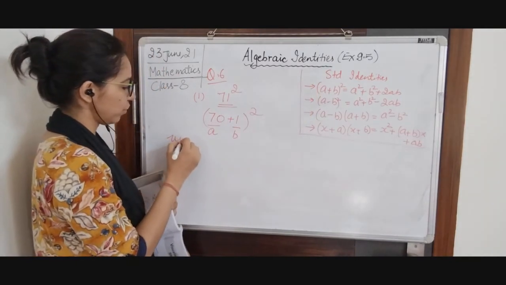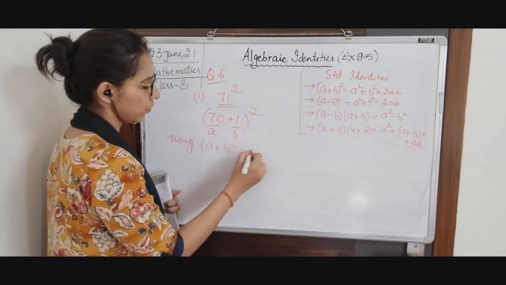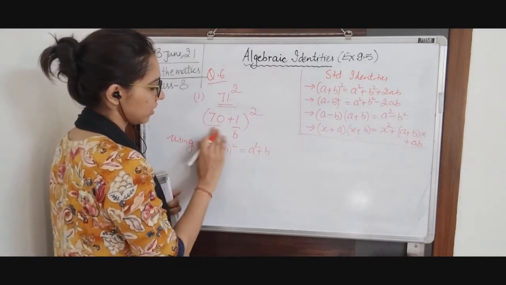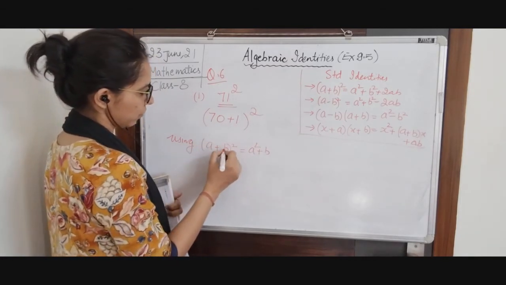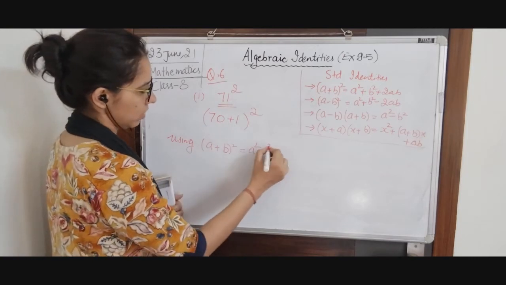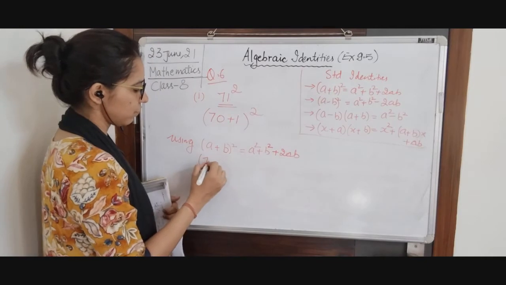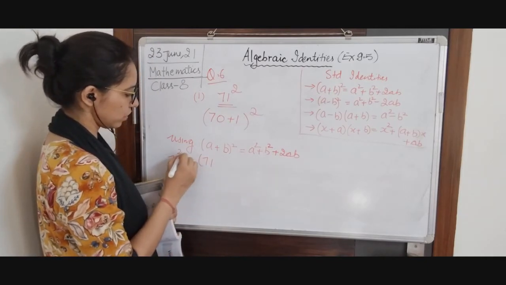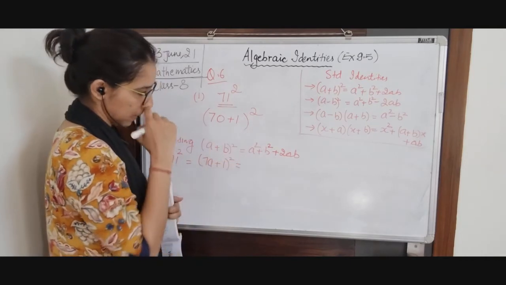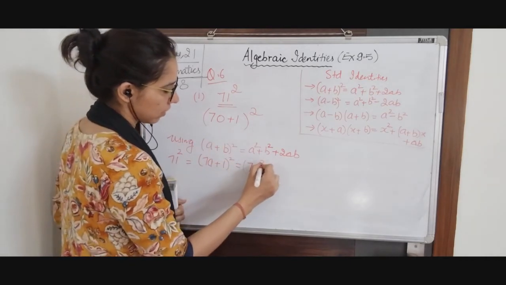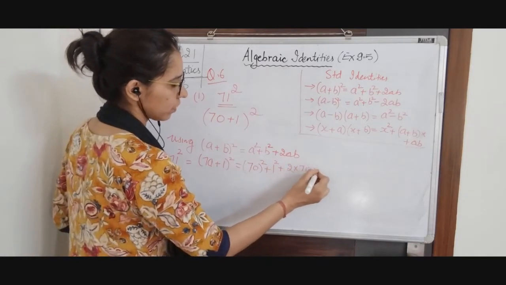So I am going to use the first identity, which is (a + b) whole square is equal to a square plus b square plus 2ab. This is not a divided by b. This was just to represent the numbers separately. So our 71 whole square, which is (70 + 1) whole square, will be equal to 70 square plus 1 square plus 2 into 70 into 1.